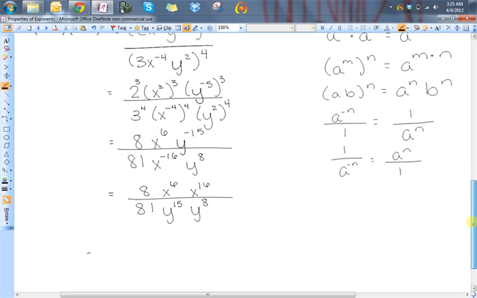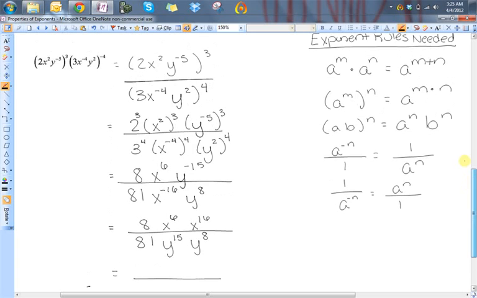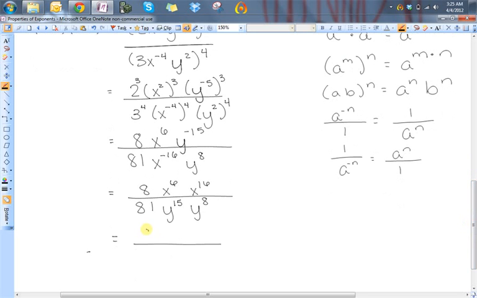Okay, we're almost done. You can't have two factors with the same base. So I'm going to combine those by using the first rule that says if you have two factors with the same base, you just add the exponents. The 8 and the 81 are staying the same.